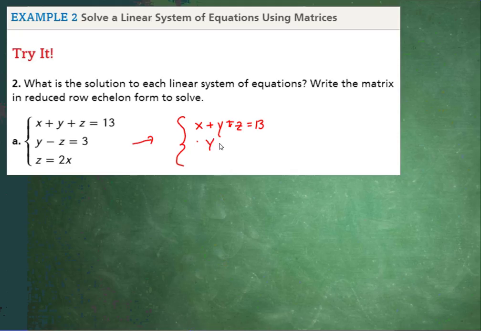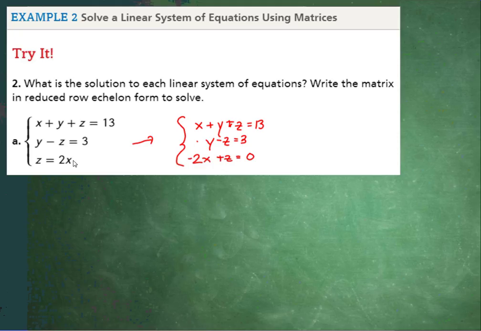Y minus z equals 3. Now I'm going to rewrite this to where all my variables are on one side. So I'm going to have negative 2x, sorry, because I subtract that 2x over, plus the z that was already there equals 0. Remember, if I subtract the 2x over, this becomes 0.